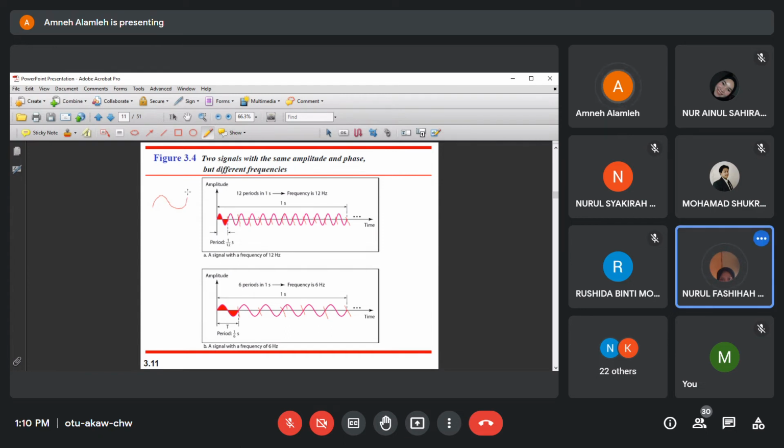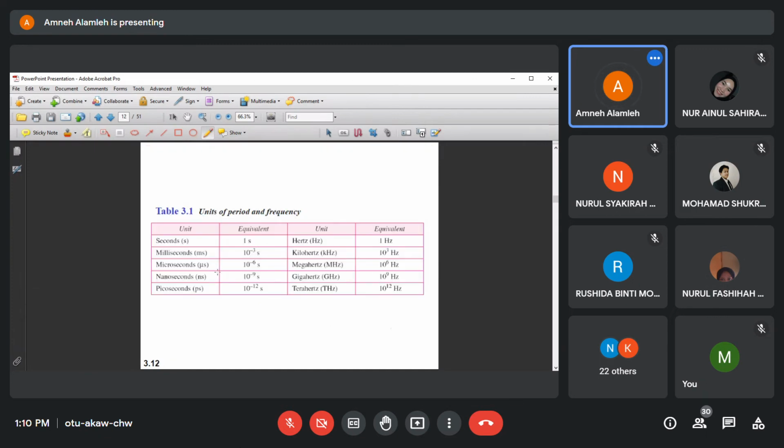This one, let's say, for example, 1 second. So this signal is 1 hertz per second. We will use this table to solve multiple examples. This shows the units of period and frequency.